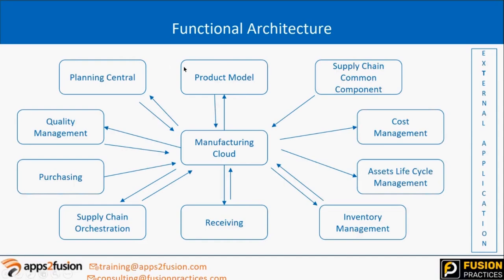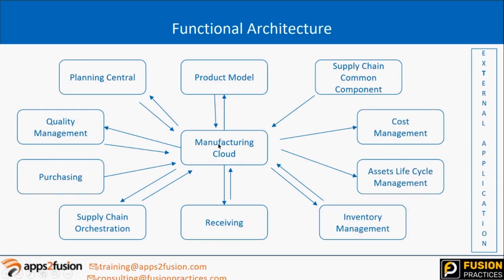So of course product model has a lot of capabilities in itself, where you have copy orders, you have data quality, you have the change order processing, but relevant to manufacturing is the item structure and the association with orgs. Without work definition, how do you calculate lead time? The work definition is defined in the manufacturing cloud. So in product model, it's not the work definition. The work definition is already there in the manufacturing cloud.